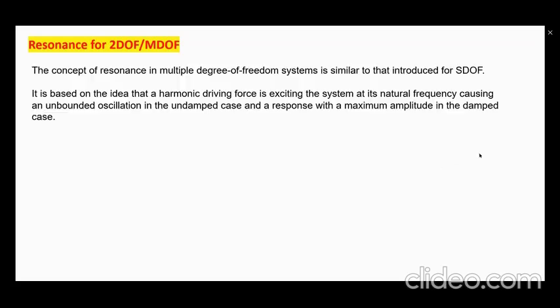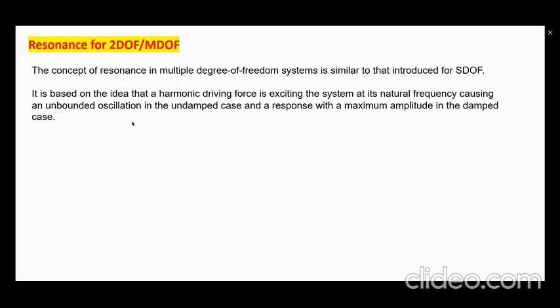So this was the case for a single degree of freedom system. In the case of a 2-degree of freedom system, there are 2 modes here, and one has to be a little bit careful about just saying that if the driving force has a frequency which matches the natural frequency, then we have resonance. That may or may not be the case, as you will see later.